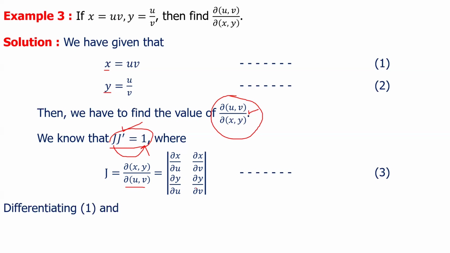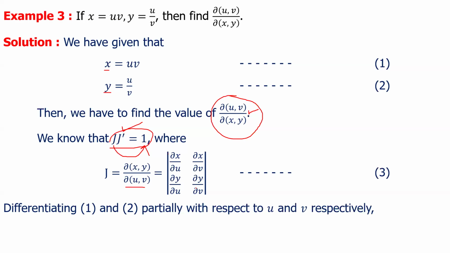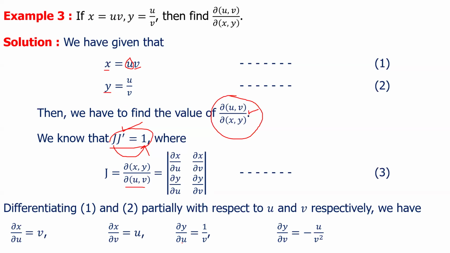Now, differentiating 1 and 2 partially with respect to u and v respectively, we have del x del u is v, del x del v is u, del y del u is 1 upon v, and del y del v is equal to minus u upon v square. Because what is the derivative of 1 upon x? It is minus 1 upon x square. So here instead of x, we have v. So the derivative of 1 upon v is minus 1 upon v square, and u can be taken as constant.